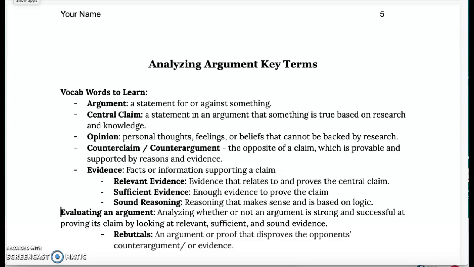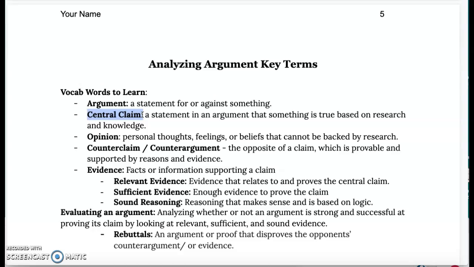So in an argument, a claim, called a central claim here, is the statement that you believe to be true and that you are persuading others to believe to be true. And it's always something that's based on research, which could be facts from experts, doctors, educators.